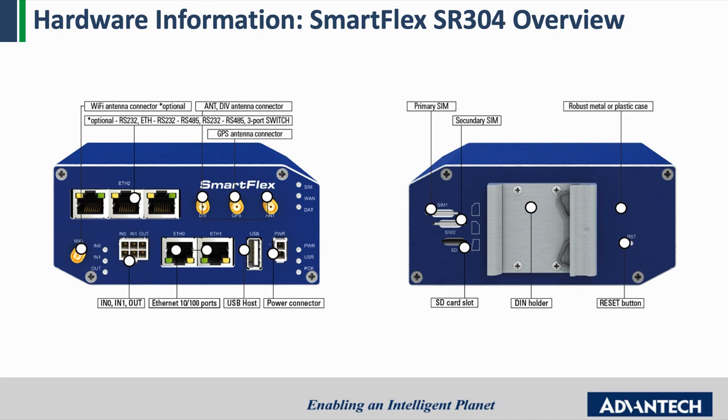So that allows you to have switching capability in your edge cellular router. This particular model also has 2 SIM cards, so it gives you a diversity of carrier in your operator, and it has an SD card slot. This particular router comes in a metal enclosure, which is very good for robust industrial applications.